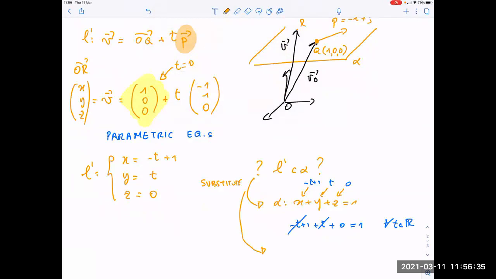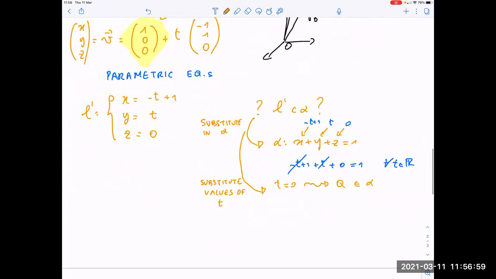Or, so I say substitute in alpha, or I would say substitute values of t. But it is basically the same thing. So for t equals 0, I obtain point Q, which is in alpha. For t equal 1, I will obtain a new point, call it z.